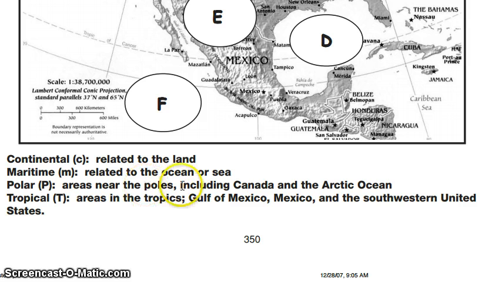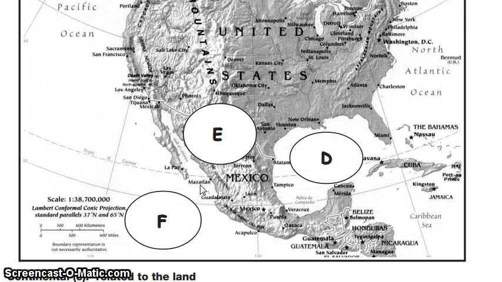Polar air masses are going to form closer to Arctic areas and the North Pole, and tropical areas closer to the equator, warm areas, Gulf of Mexico, southwestern part of the United States. So if we come up here to the map, we can look at air masses like F and D, and because they form over large bodies of water, we call them maritime air masses. And near the equator or further down into warm areas near the tropics, they would be maritime tropical air masses.